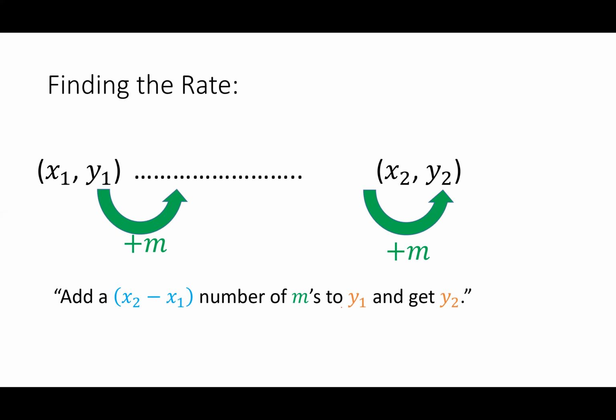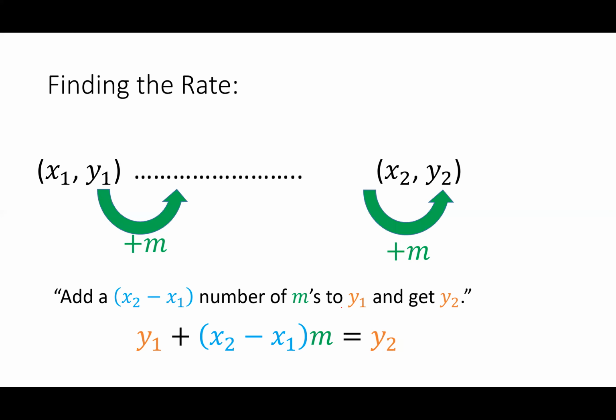So there's going to be an x2 minus x1 number of m's added to y1 to get to y2. So I'm going to take y1, add x2 minus x1 m's to it, and I'm going to get y2.